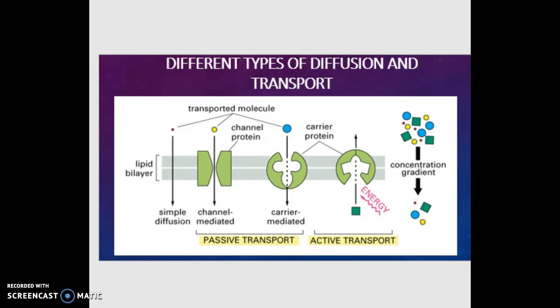Facilitated diffusion or passive transport is the same concept of high concentration to low concentration, but it needs the help of protein channels because the molecule cannot enter easily through the membrane. Active transport is the movement of molecules from low concentration to high concentration. Moving against the concentration gradient requires energy in protein pumps because it is not naturally done.